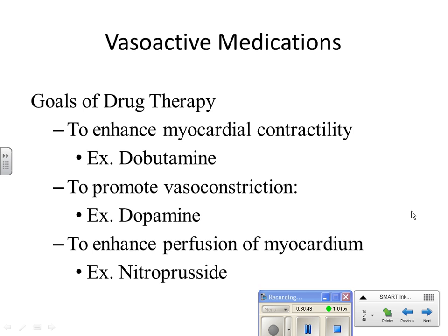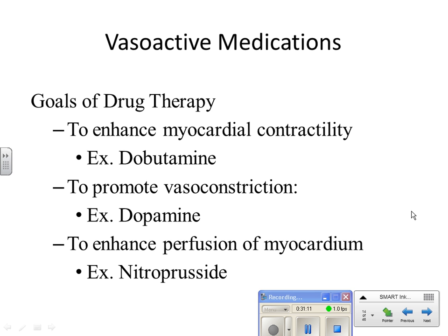So here's Med 1 that we're giving that patient in cardiogenic shock. We're giving him dobutamine because his heart is really weak and we need to improve contractility to improve cardiac output. But because he's in shock, he has a low blood pressure. And we're giving him a med that can relax the peripheral blood vessels and drop the blood pressure. So now we've got to give him something to help improve the blood pressure.